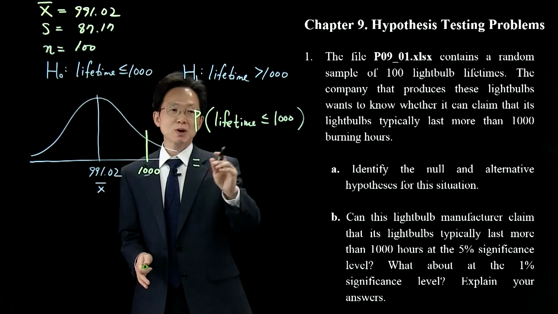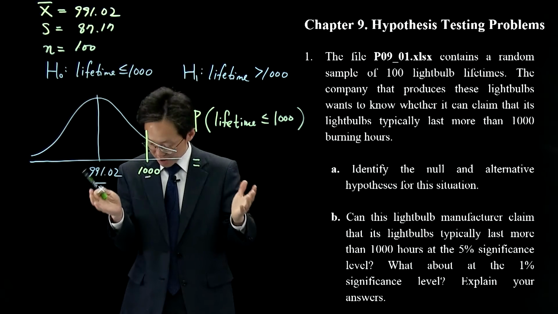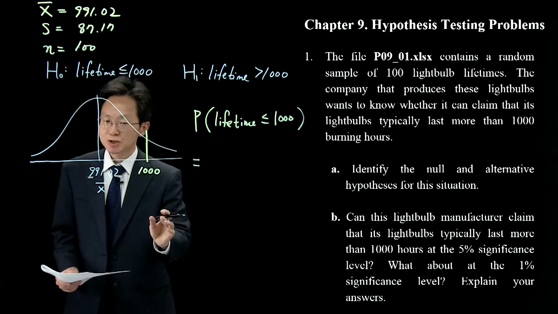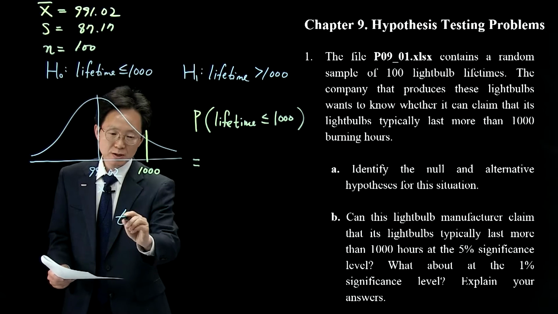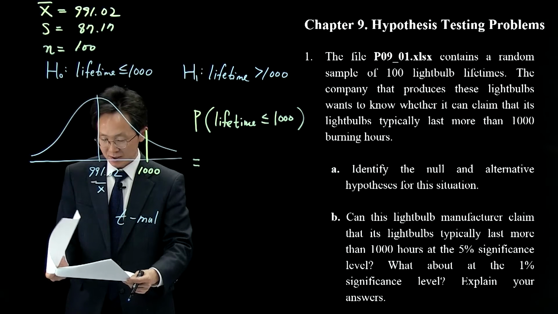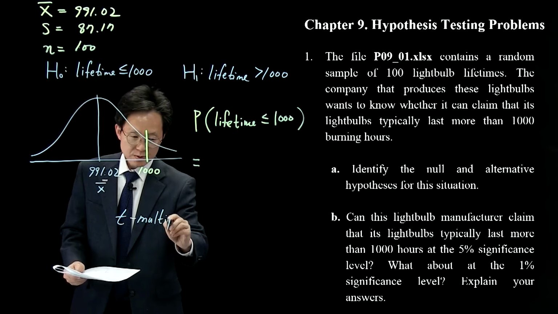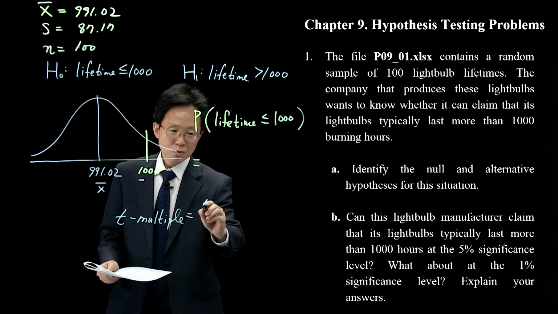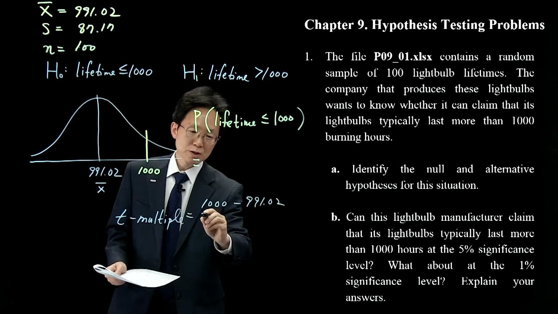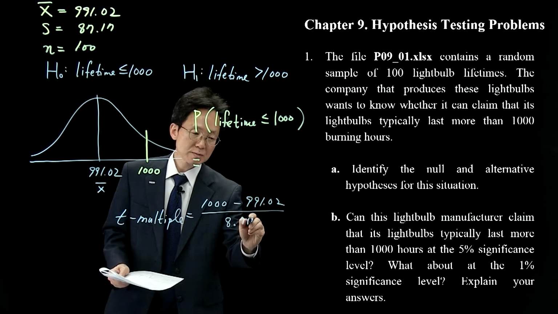And in this case, we probably need to calculate some t statistic or t multiple, right? So how can we calculate this t multiple? The t multiple is 1,000 minus 991.02, divided by 8.717, right?